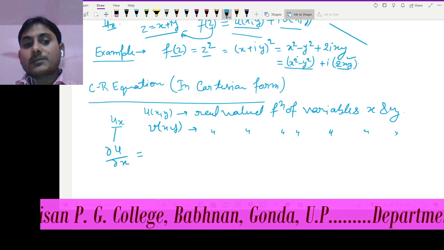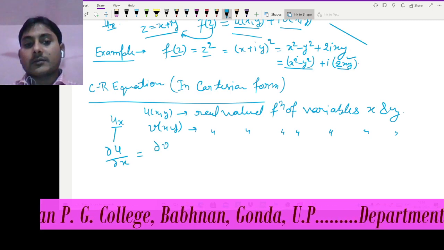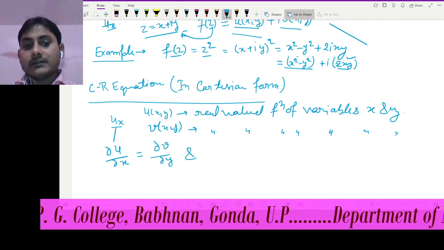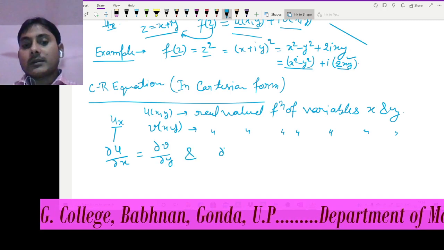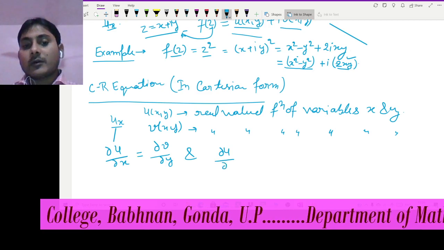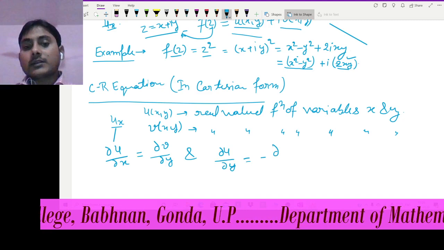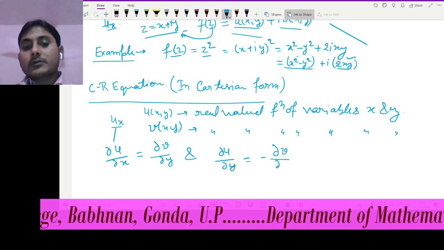The partial derivative of u with respect to x is equal to the partial derivative of v with respect to y, and the partial derivative of u with respect to y is equal to minus the partial derivative of v with respect to x.